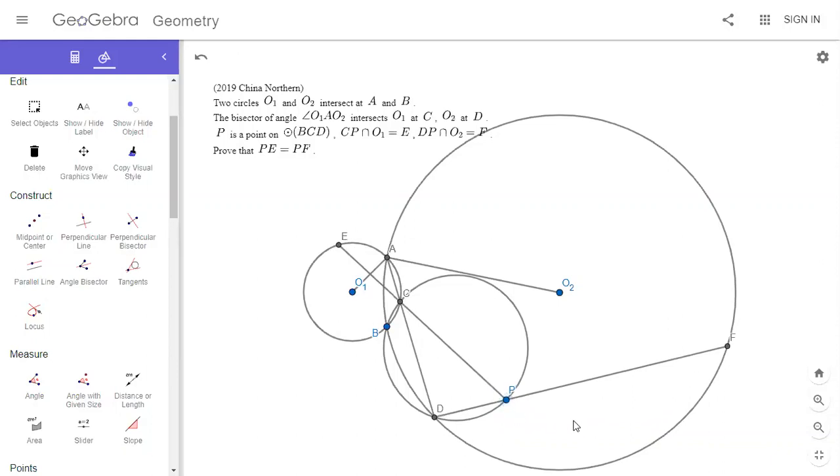Maybe I should go back to my power of a point idea. I don't know. So the power of P with respect to O1 is PC times PE, and the power of P with respect to O2 is PF times PD. Can I say anything about those powers?